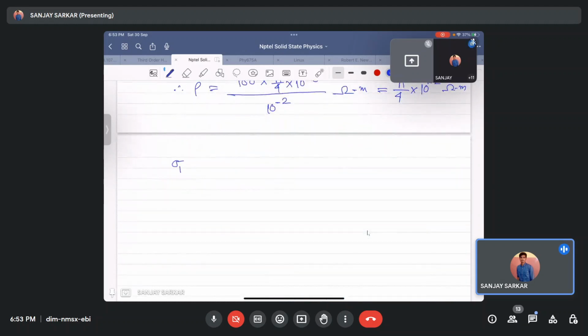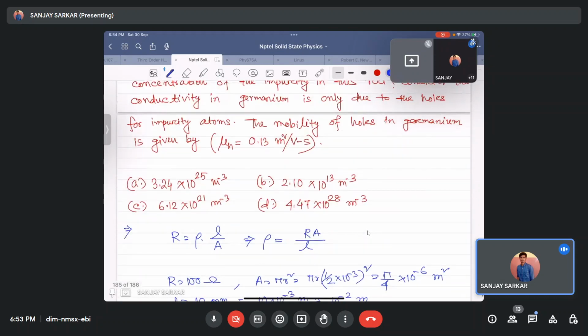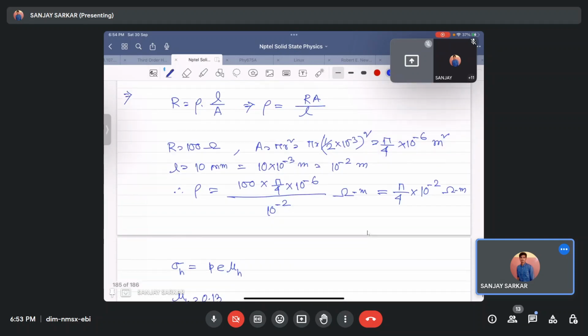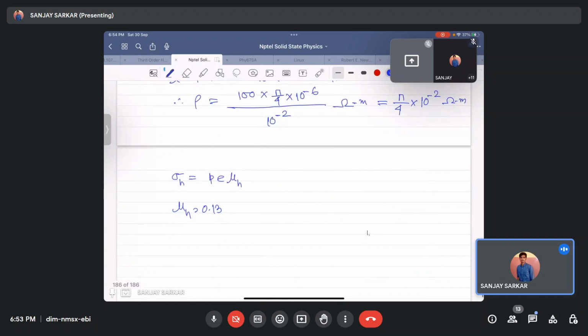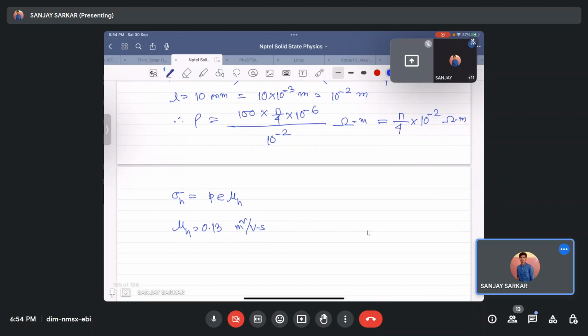So the sigma of H is given as number of holes concentration P into e into mu H. So these values are already given in the question. Mu H is 0.13 meter square, and sigma H.